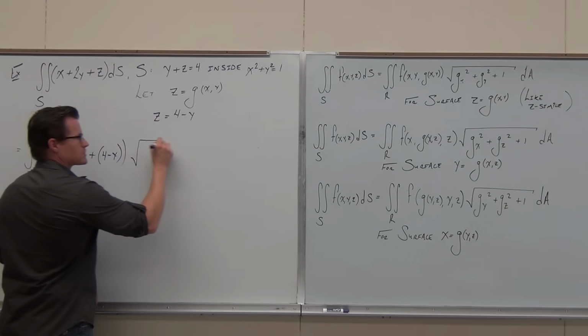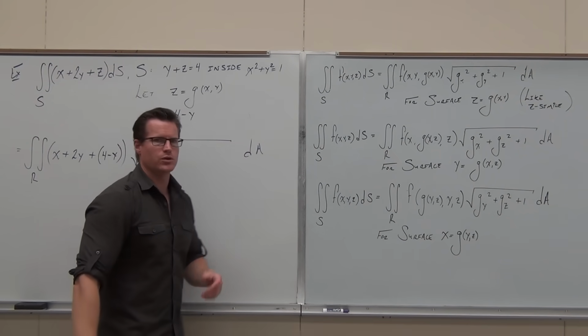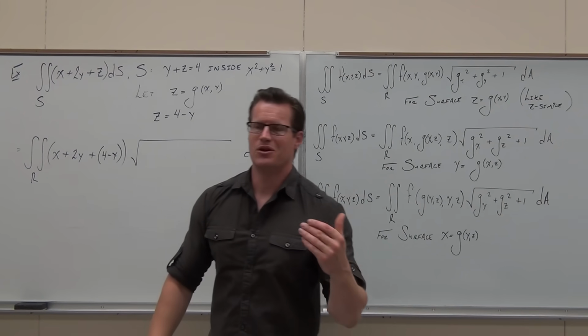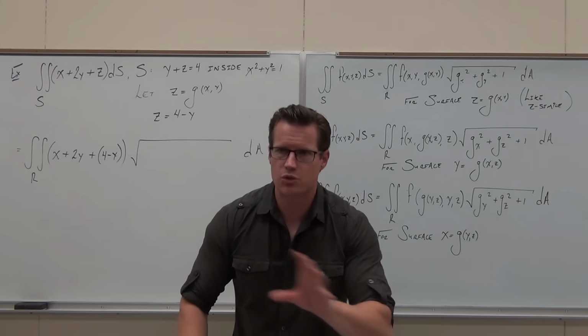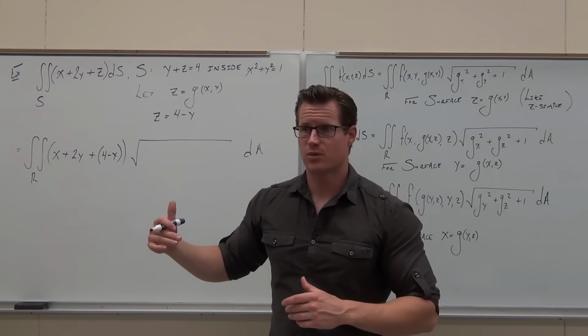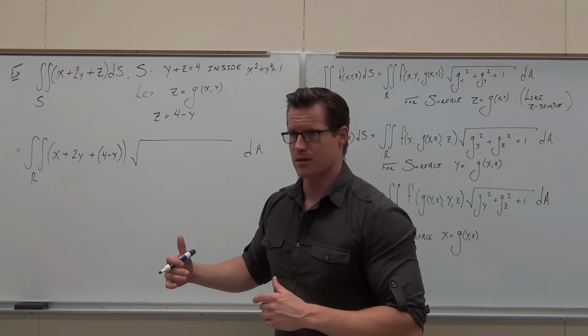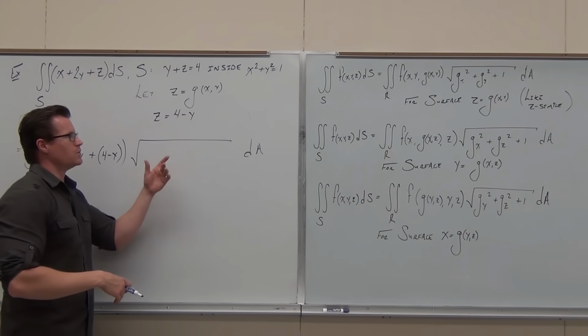Okay, surface area. I know it's going to be a dA. Don't change that yet. We don't know if it's dx dy. We don't know if it's polar, r dr d theta. We don't know what it is yet. So you leave it. Don't do anything until you've actually drawn the region. Are you listening to what I'm talking about? Please don't do anything with this yet because you don't know what's going to happen unless you draw the region first, which we're not going to do.